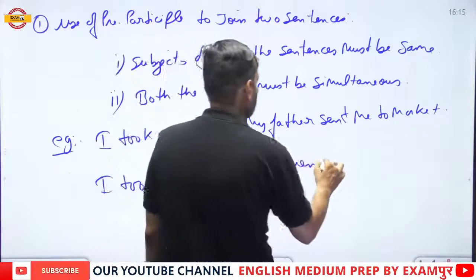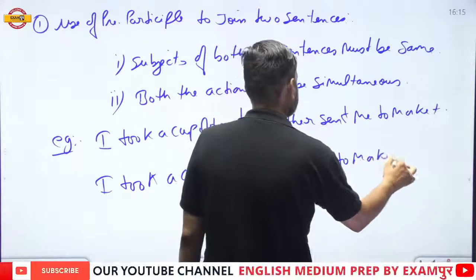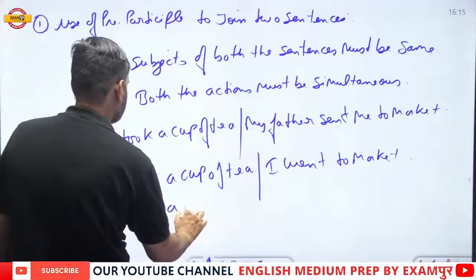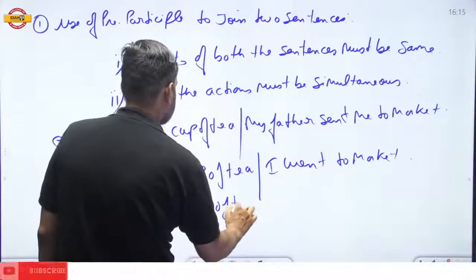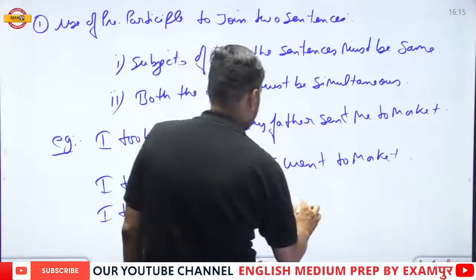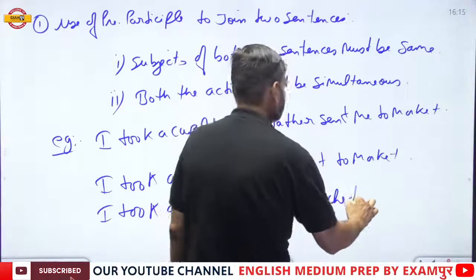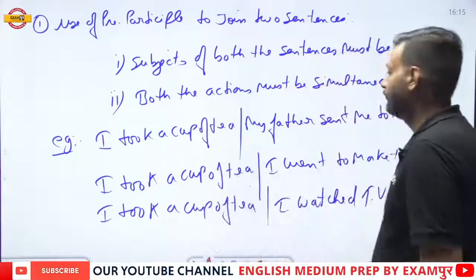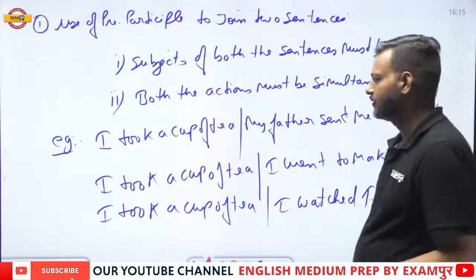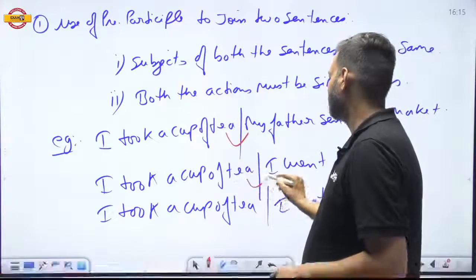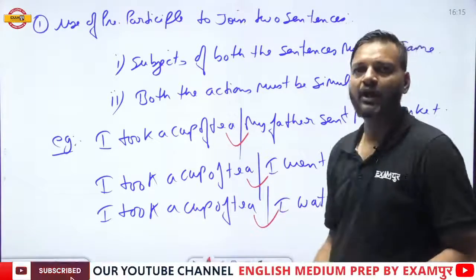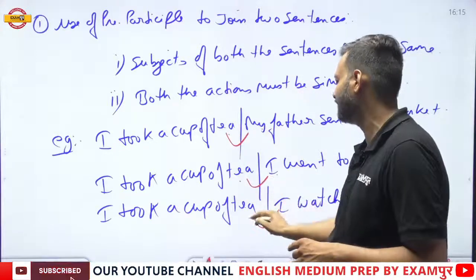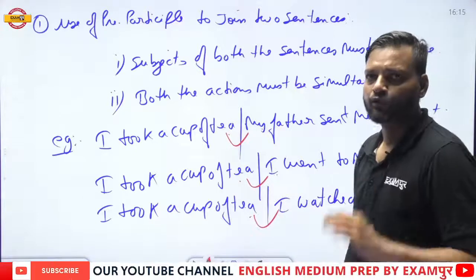I went to market. And third sentence: I took a cup of tea. I watched television. Okay, so we have three pairs of sentences: first pair, second pair, and third pair. Now we have to join these two sentences. We have to join this and this, this and this, this and this.